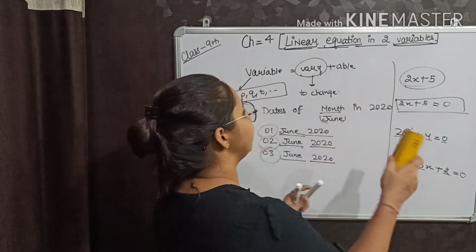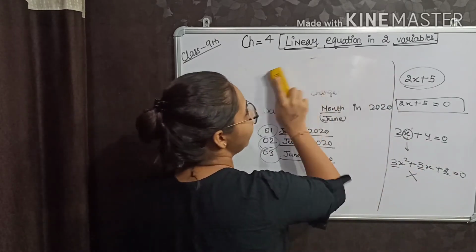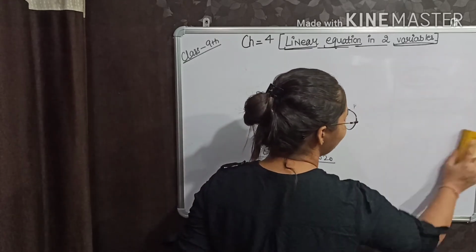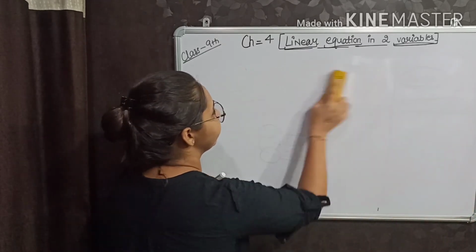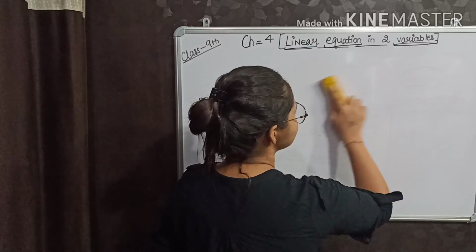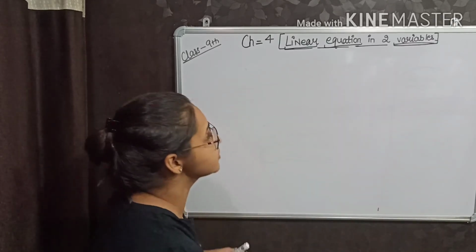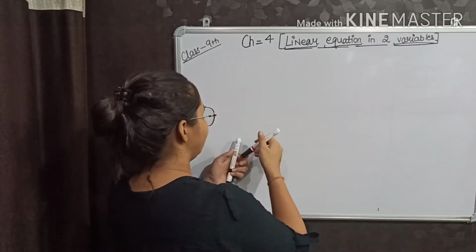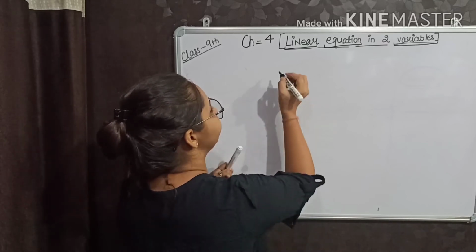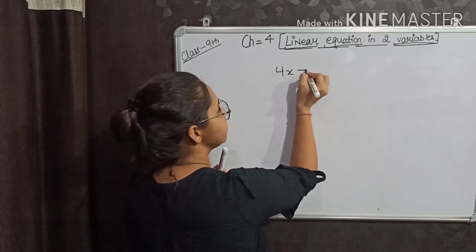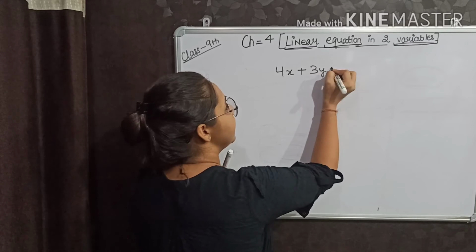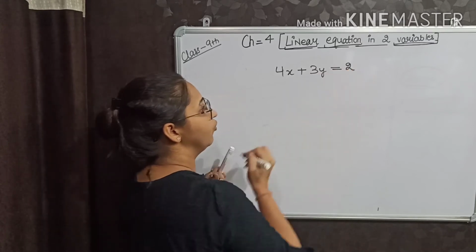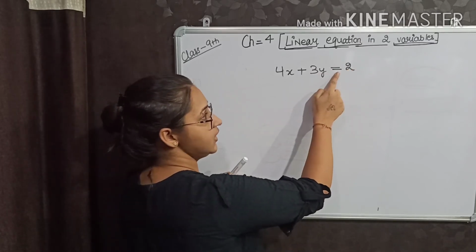Now we will understand what is the general form of any linear equation in two variables. See very carefully. First of all, in an equation there must be two variables. So I am giving you first 4x plus 3y is equal to 2. It is an equation, there is an equal to sign.